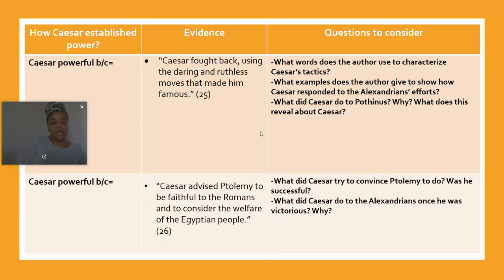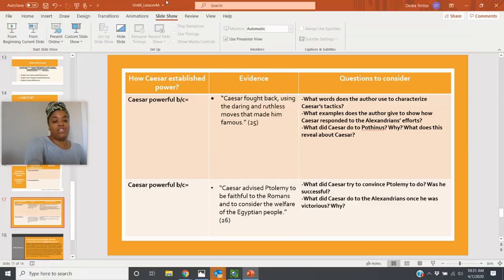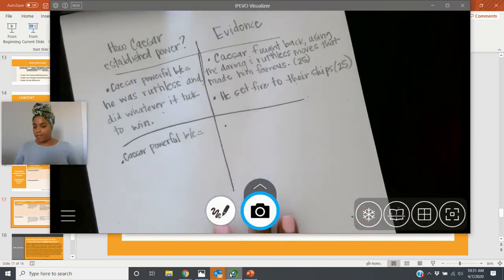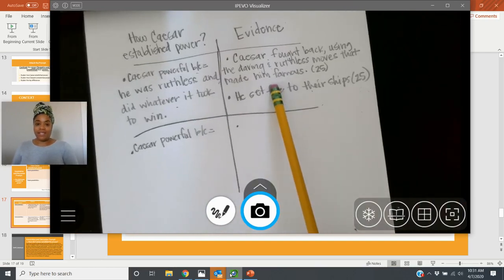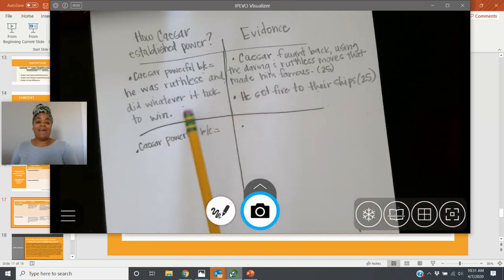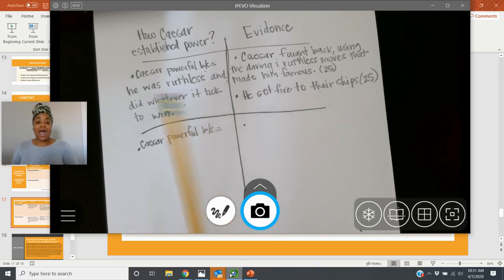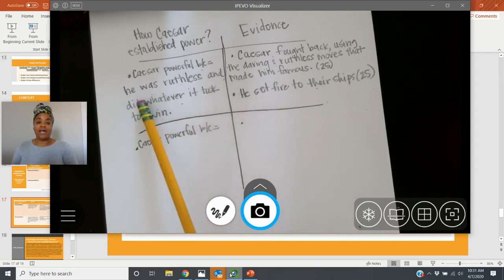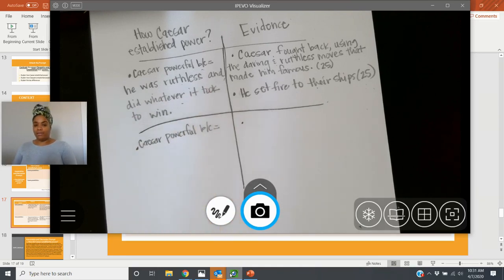So scholars, on your T-chart, you should have completed 2 pieces of evidence and your because statement. I wrote Caesar's powerful because he was ruthless and did whatever it took to win.